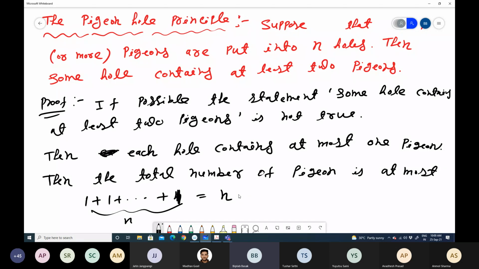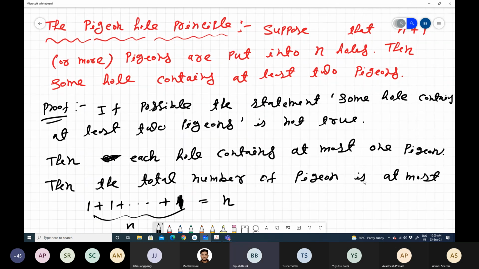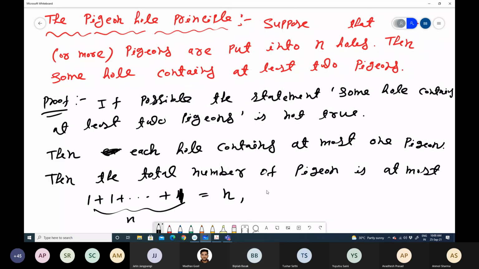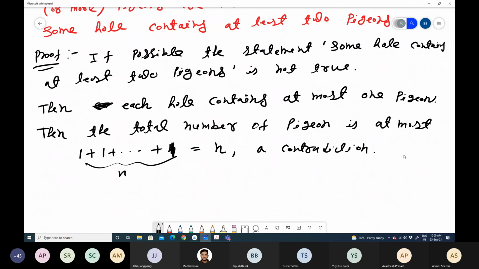And this is a contradiction, because we are assuming that we have at least n plus 1 pigeons. Therefore the statement must be false. So at least one hole, or you can say some hole, contains at least two pigeons. This proves the principle.